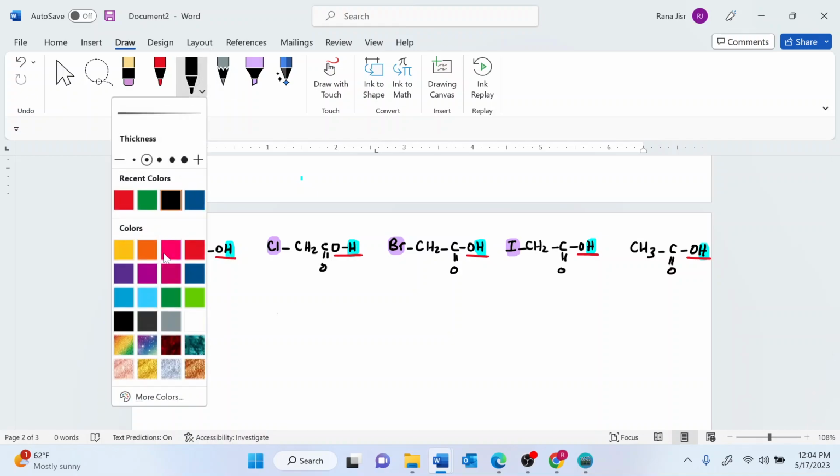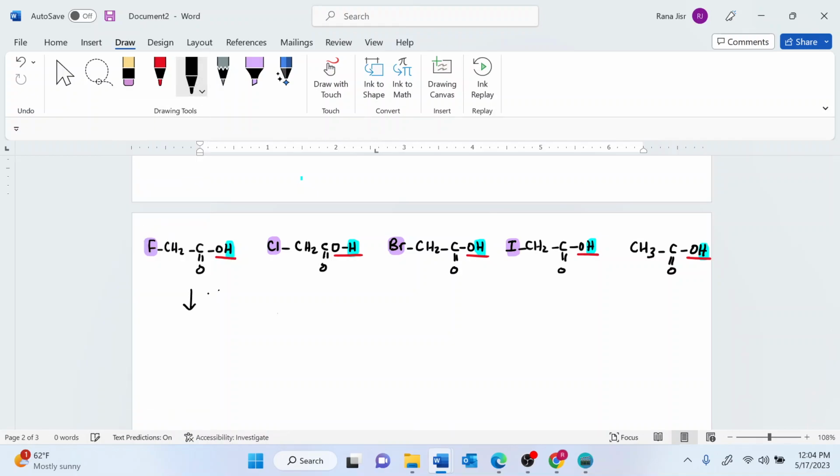So if I change this into a conjugate base, then I'm going to end up having my CH2, my fluorine, my carbonyl, and then I'm going to have the O negative in there. Now, the F there is going to be the strongest electronegative element compared to all the other halogens. So it's going to have the most inductive effect. So it's going to pull electrons more because it's more powerful.